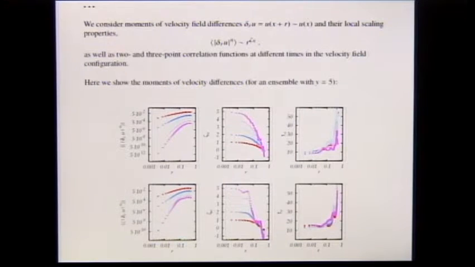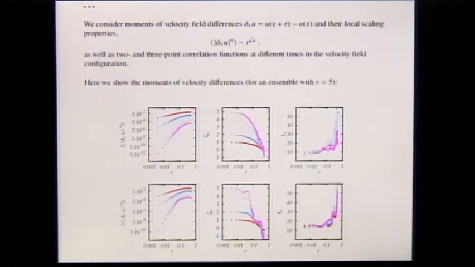So in particular, you see that, interestingly, as we increase the separation, so as we move to the right-hand side in this plot, the autocorrelation starts to increase dramatically, sometimes up to 2 orders of magnitude. So this tells you that non-local fluctuations have a significant effect, and you should always take this into account.